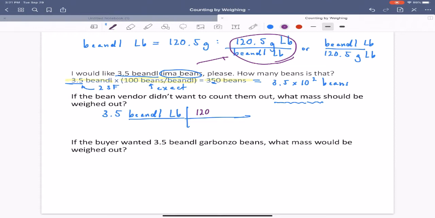Lima beans are pretty massive. There's 120.5 grams of lima bean in the group we call a beandle of lima beans. So I started with 2 sig figs, and we multiplied by a measured value, 4 sig figs. My answer has 2 sig figs.